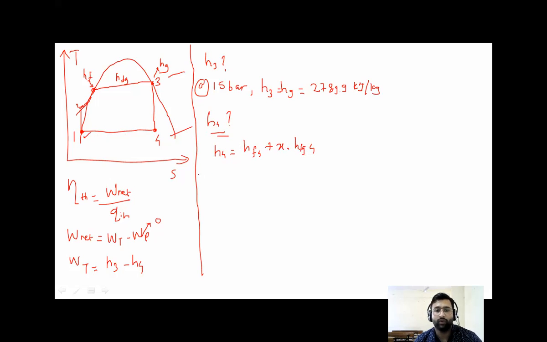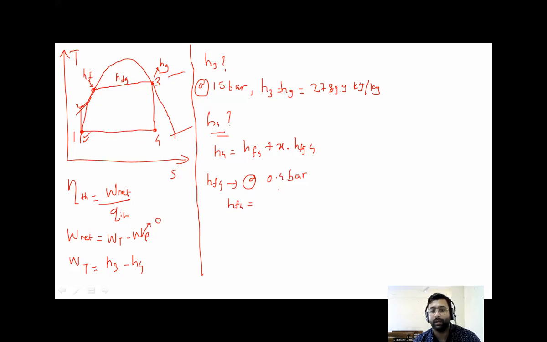Now HF4 you can calculate. How to calculate HF4? At 0.4 bar, HF4 will be equal to what? HF4 means the enthalpy of saturated liquid.